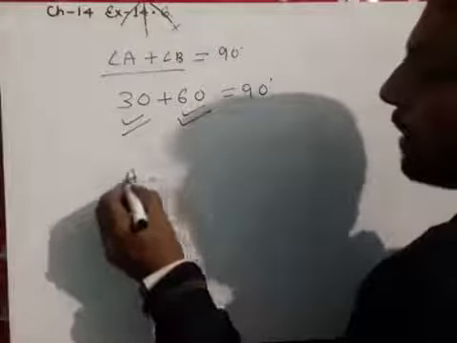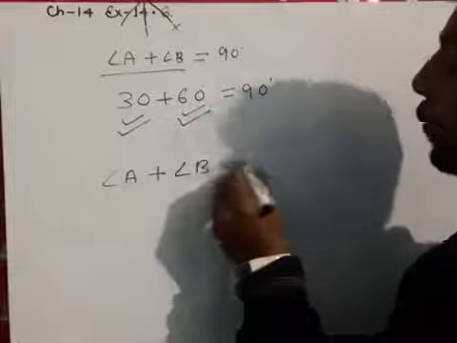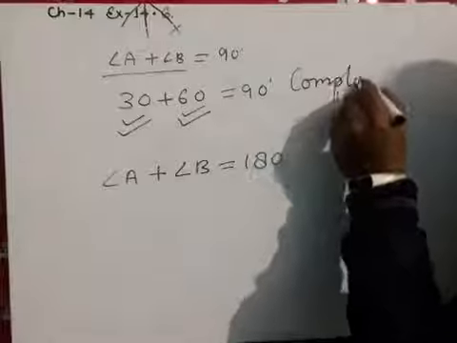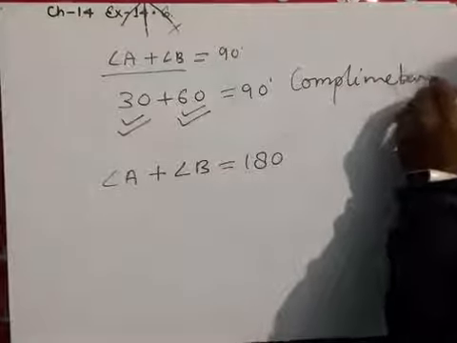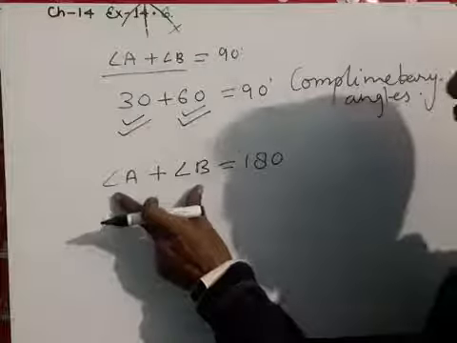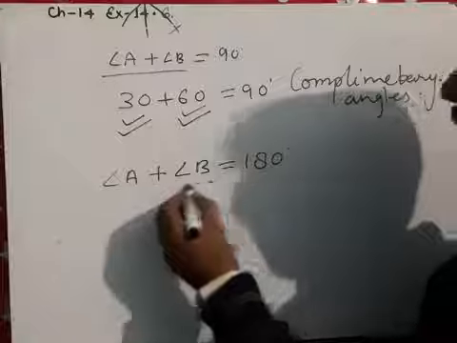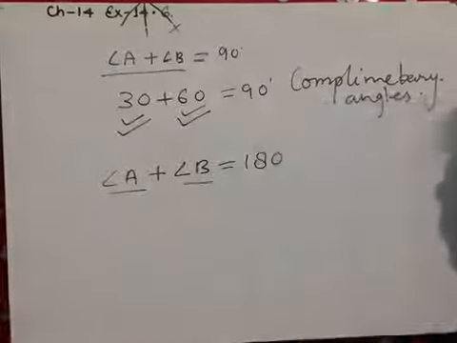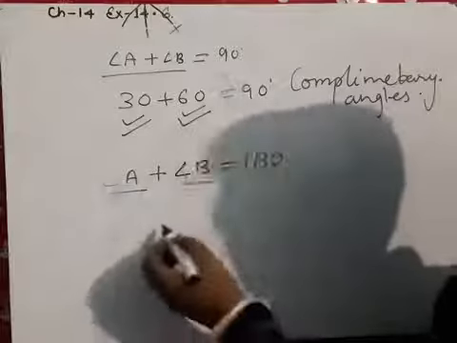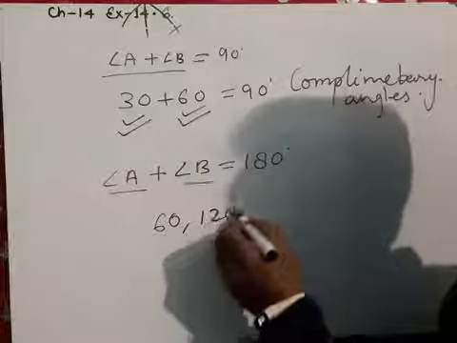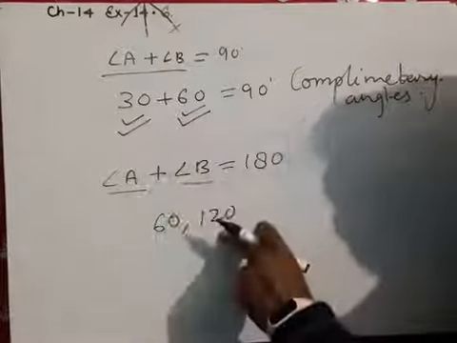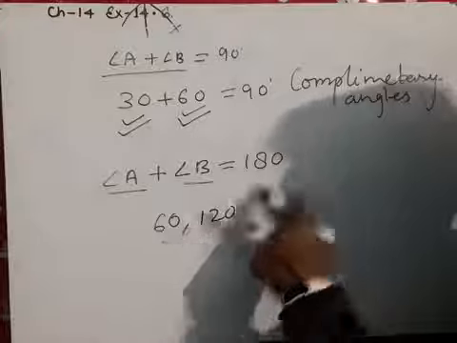If the sum of two angles A and B is 180 degree, they are known as the supplement of each other. That means A is the supplement of B and B is the supplement of A. Suppose I take one example, 60 and 120. Here 120 is the supplement of 60 and 60 is the supplement of 120, because their sum is 180.